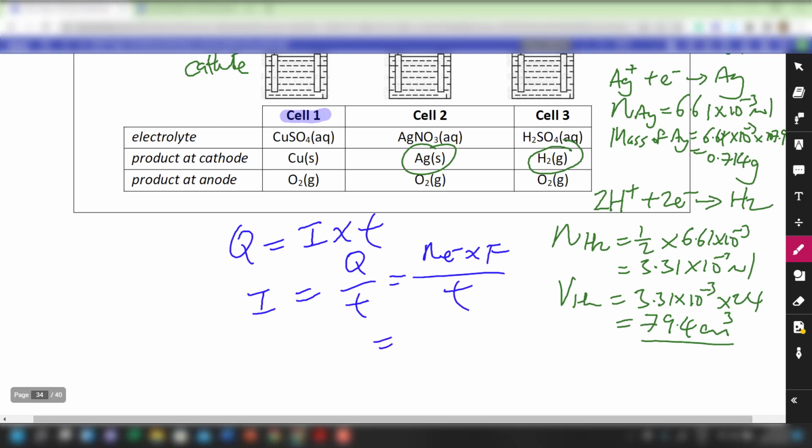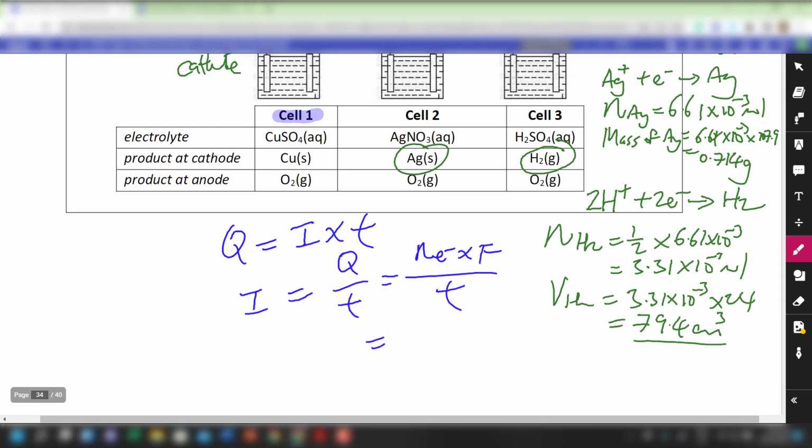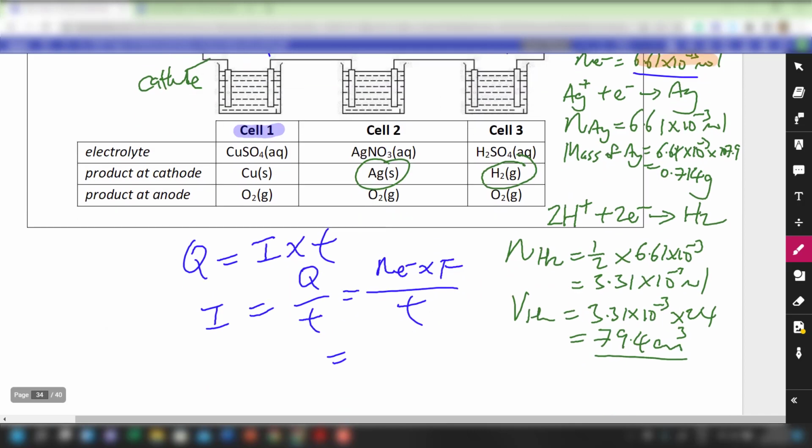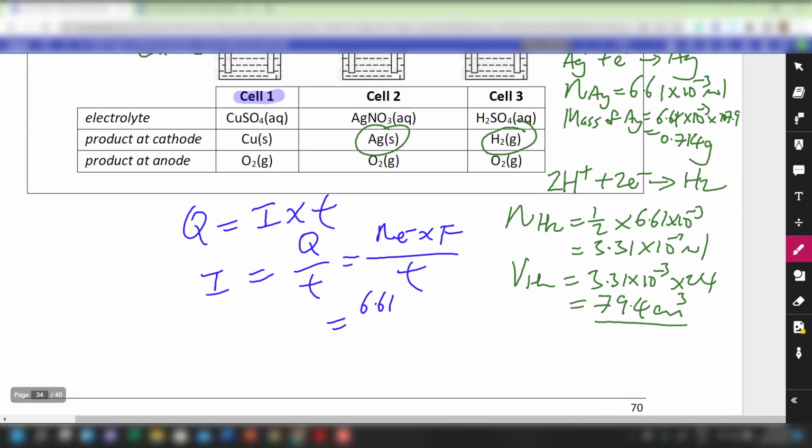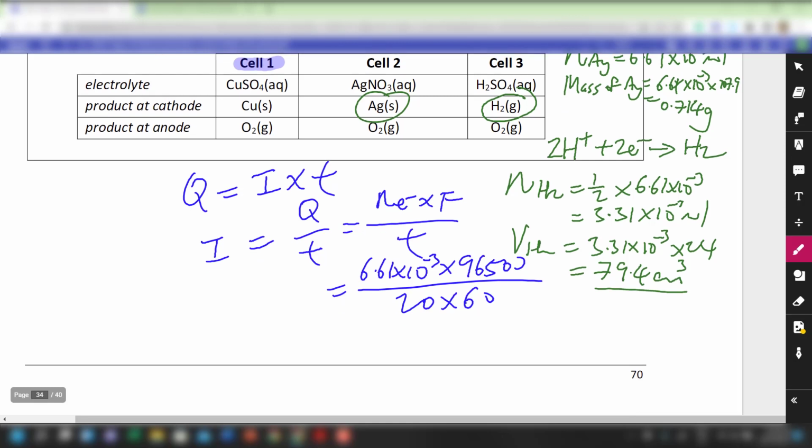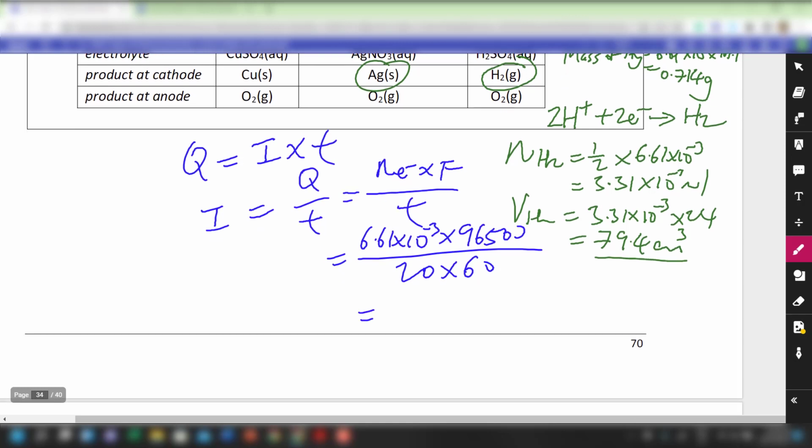The number of moles of electrons transferred is 6.61 times 10 to the power minus 3, multiplied by the Faraday constant, 96500, divided by time, which is 20 minutes multiplied by 60 seconds. If you take out the calculator and punch the values, the current will be 0.532 amperes.